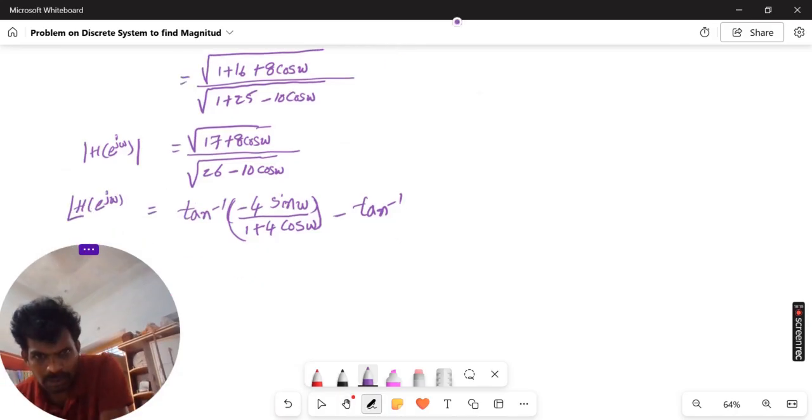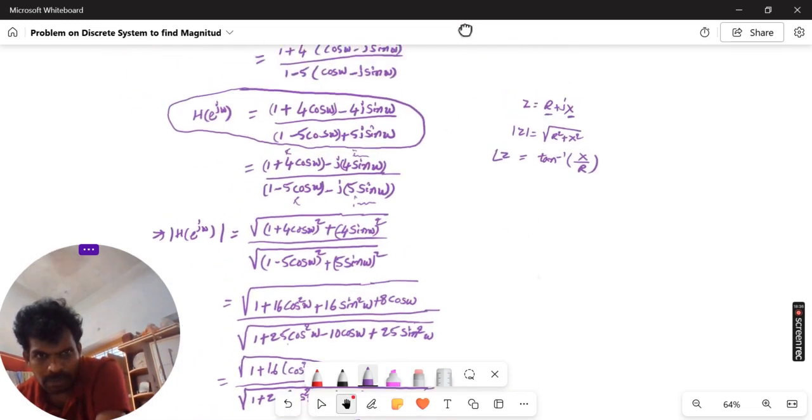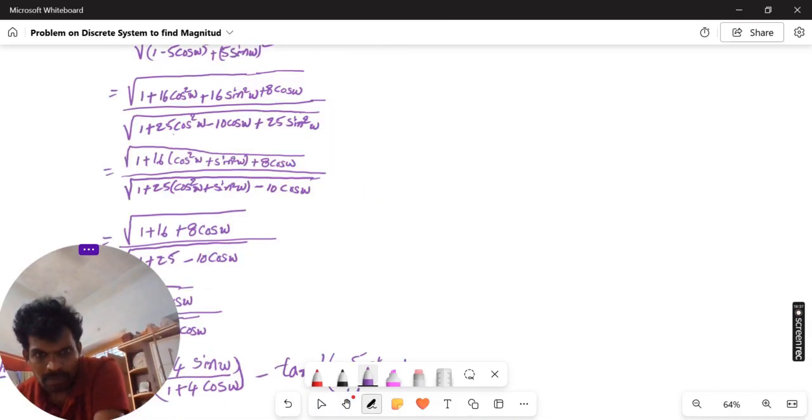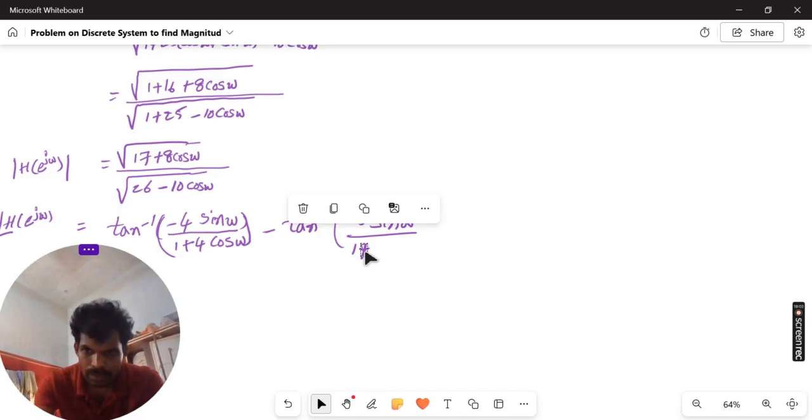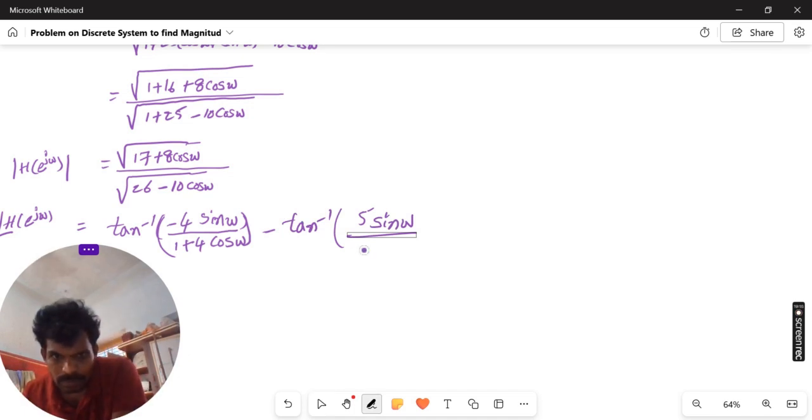Let us write that down: tan inverse of 5 sin omega divided by 1 plus, what is that real part? 1 minus 5 cos omega.